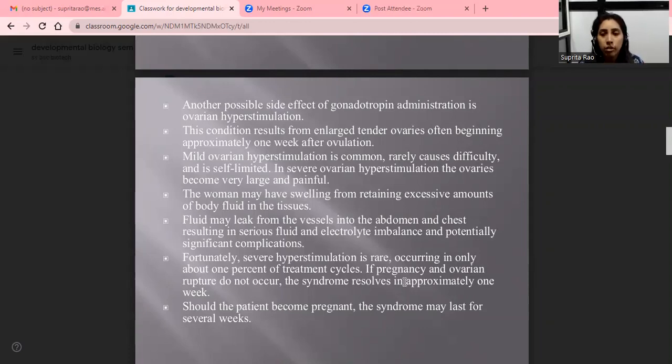It can also cause imbalances in the menstrual cycle of the person. Therefore, once superovulation is done, the eggs can be saved and preserved using cryopreservation.